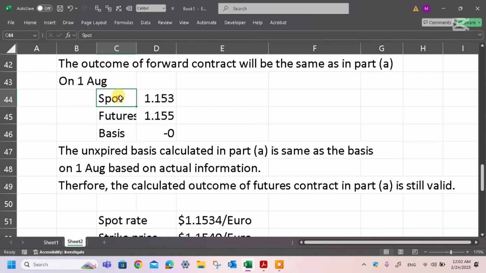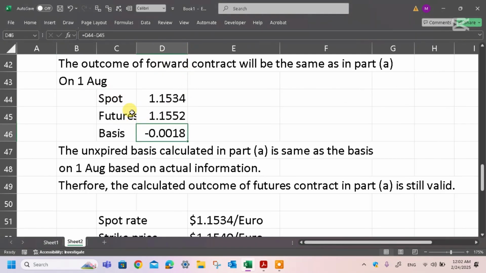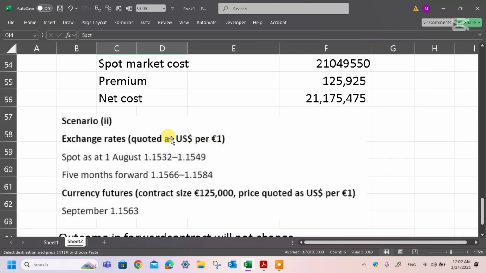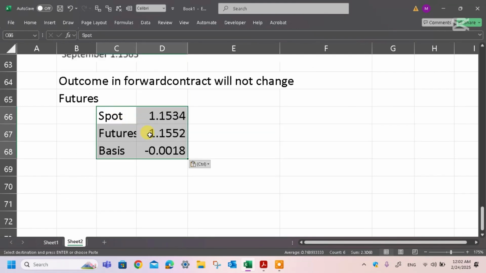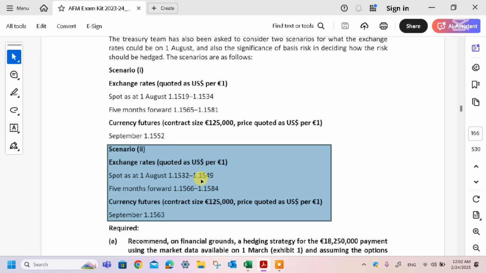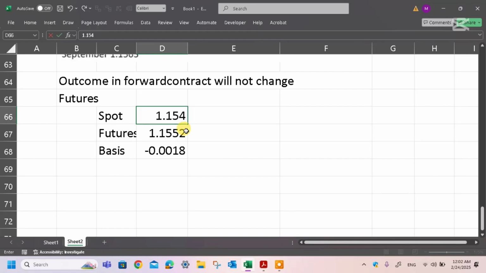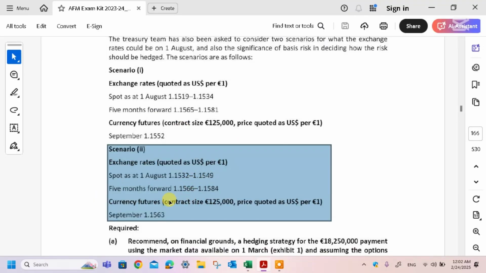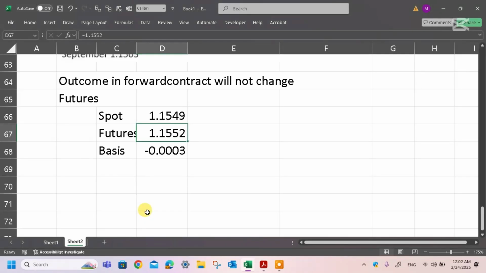We check the basis. If the basis remains the same, that means 18 points, it will be okay. Check the spot now, 1549. Futures 1563. There you go. The basis is not 18.